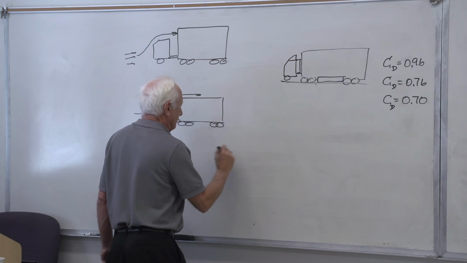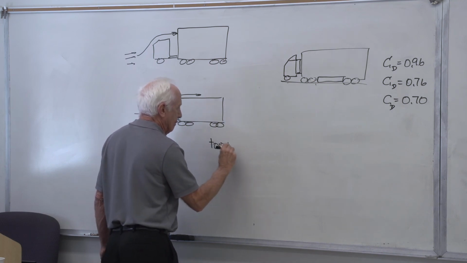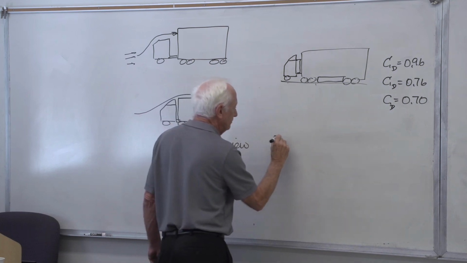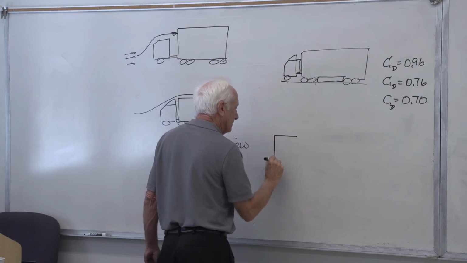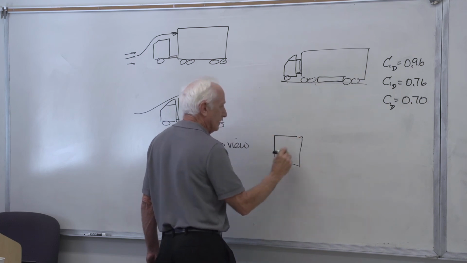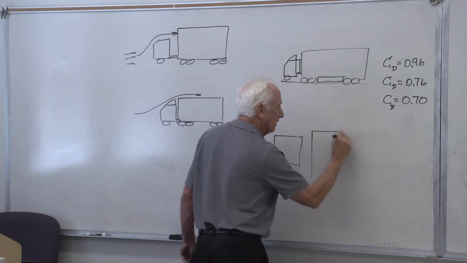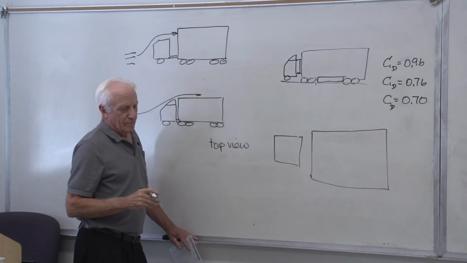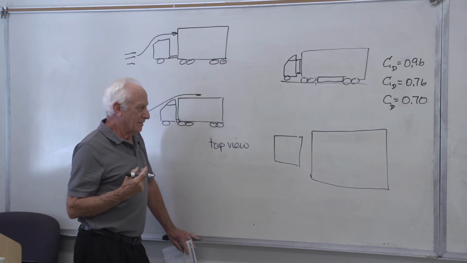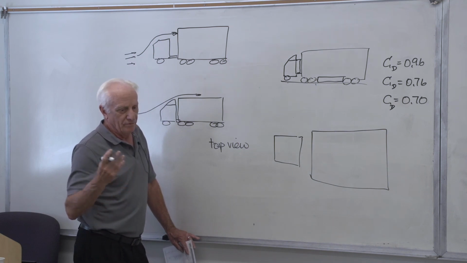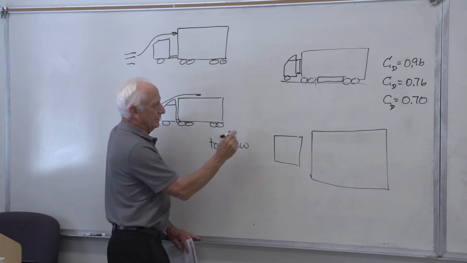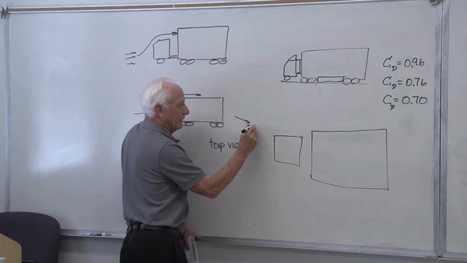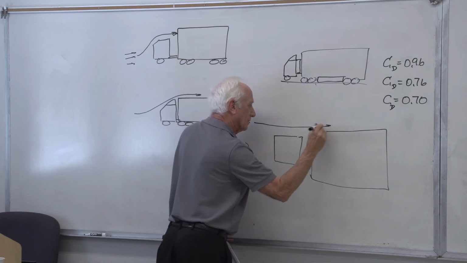Now, top view. So here's the front. Here's the body. Truck's going 60 miles an hour or more anyway. There's a slight wind from the east. So here comes the wind. It hits this, goes along there.